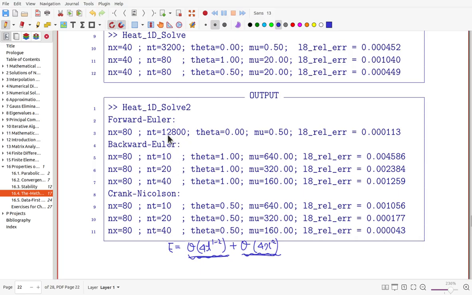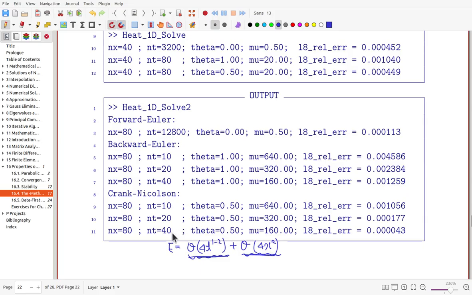So rather than this number of time steps, you may choose about 500 points in the time direction to reach the same accuracy. If you want to use only first order in time, then backward Euler may be more efficient to get the same level of accuracy.